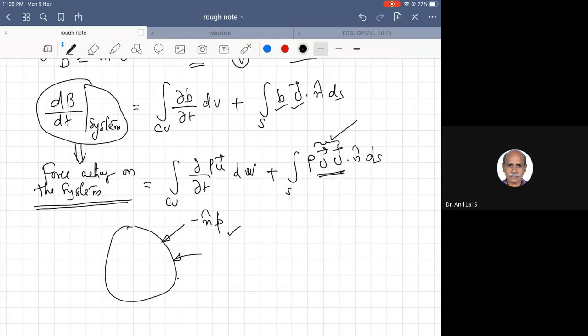So that is minus p n cap, the intensity, that is, force per unit area. It's a surface force.